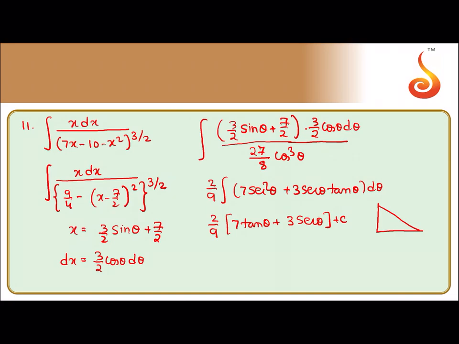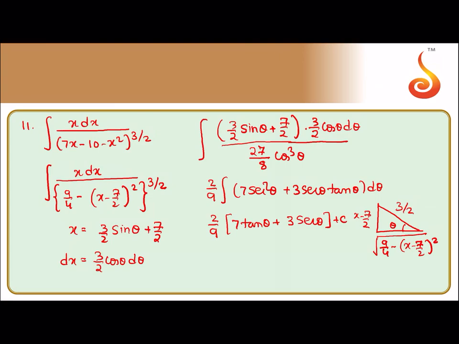Now, how to convert into algebraic form? Already we studied this one. What is x minus 7 by 2? x minus 7 by 2 by 3 by 2 will give you sine theta. So this is nothing but under root of 9 by 4 minus x minus 7 by 2 whole square.